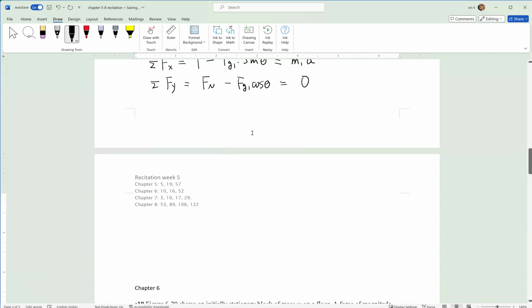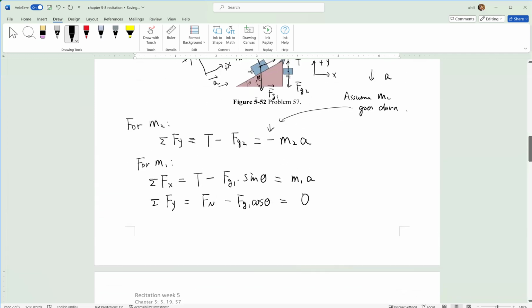And then what else do we need? We need to take a look at everything here. What are the things that we need to calculate? We have to calculate our acceleration and we have to calculate our tension.